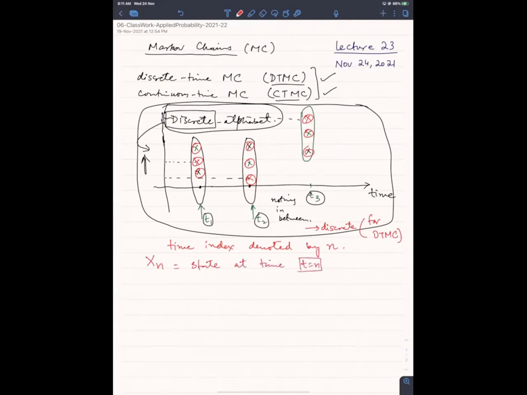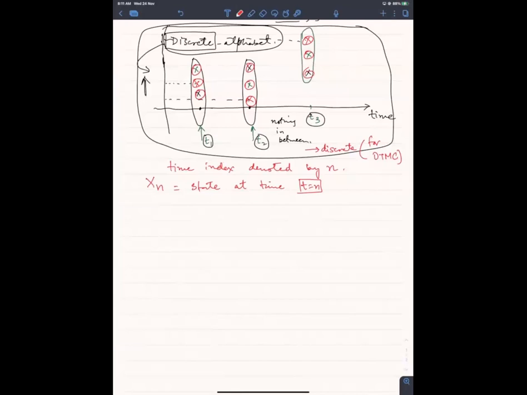At time n. So xn can take many different values from this state. So you have n here, which is the time, and it's going from 0, 1, 2, 3, 4, dot, dot, dot.